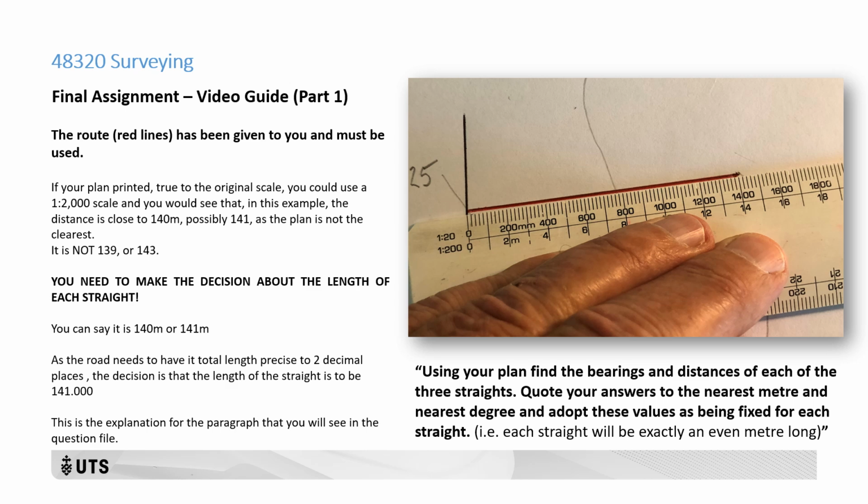Quote your answers to the nearest metre and nearest degree and adopt these values as being fixed for each straight. So in other words, each straight must always be exactly a whole number of metres long. So it can be 140.000 or 141.000 to make life easy for yourself. You're the engineer. As we said, if it's half a metre either way at the farmer's place, he's not going to worry. So make life easy for yourself.